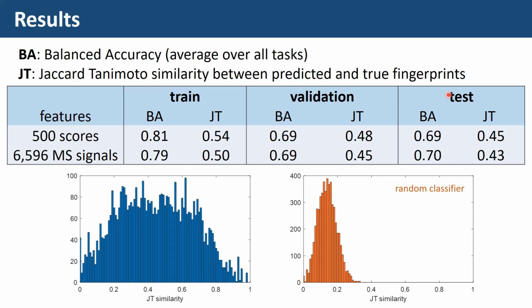I'm missing a bit the point here. As I said, we did not pre-process the mass spectra. We just did some curation, and then we used the raw mass spectra as the input in the neural networks.